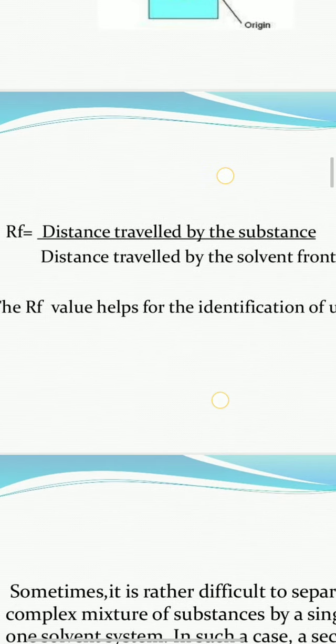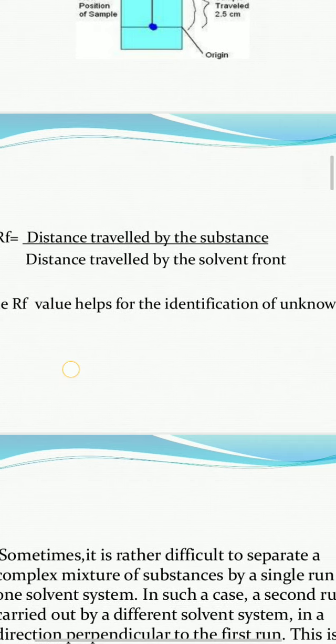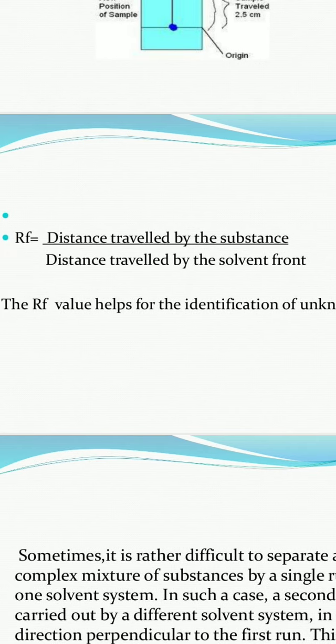In this type of chromatography, we calculate the RF value, and the RF value helps in the identification of an unknown sample. So what is the RF value? It is the distance traveled by the substance divided by the distance traveled by the solvent front.